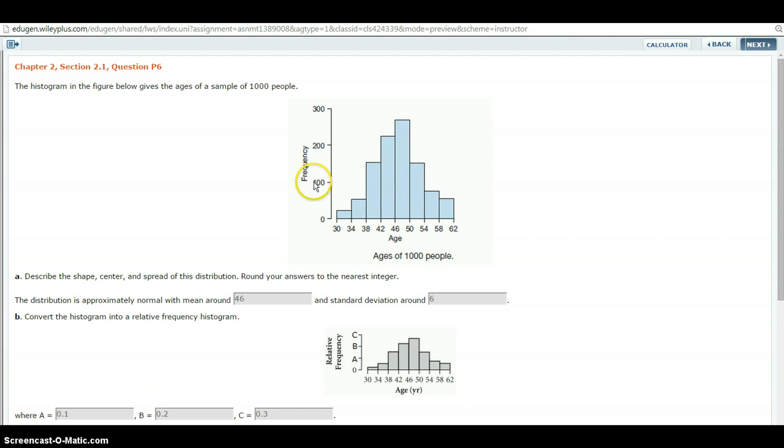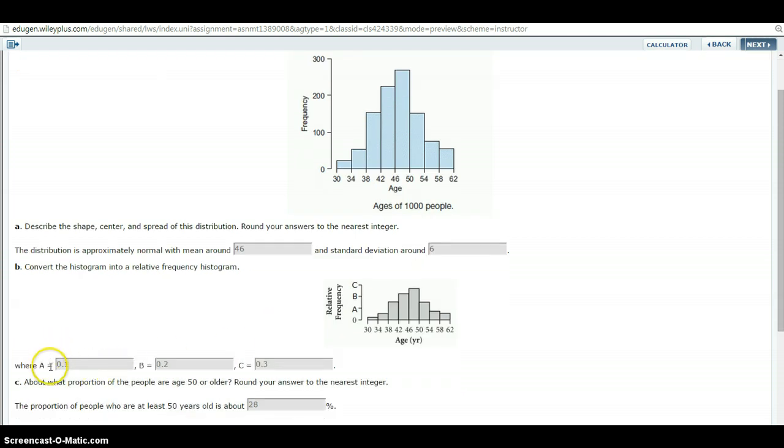So if A stands for this 100, what is that 100 as a proportion? Well, it's 100 out of the 1,000 people. So 100 divided by 1,000 gives us 0.1, which is why A is 0.1. B would give us 200 out of the 1,000, or 0.2, and C would be 300 out of our 1,000 total, which would be 0.3. So that is how we convert it to the relative frequency histogram.